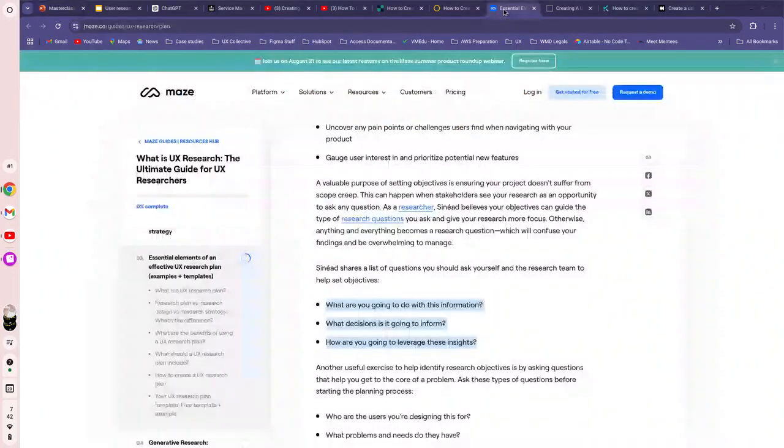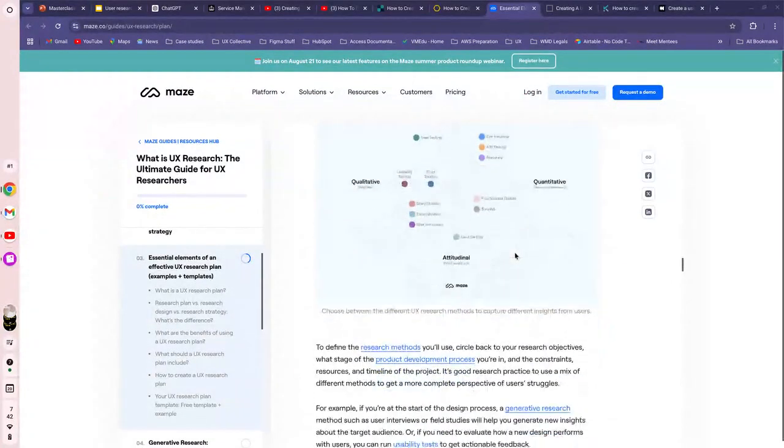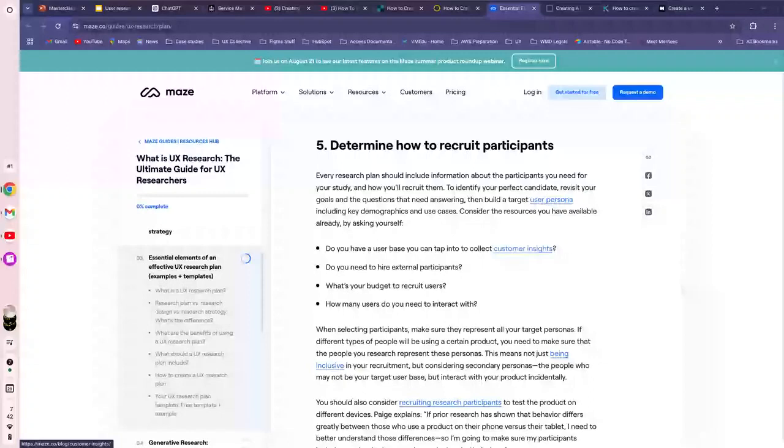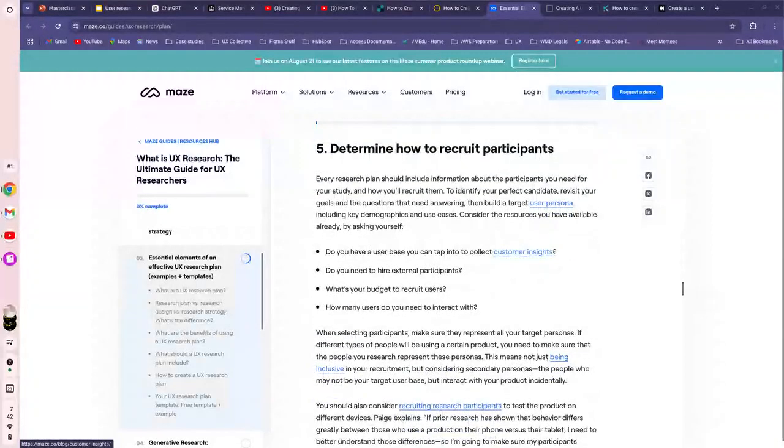The other thing I want to quickly talk about is, when you're talking about research methods, there are two things you have to consider. We have to consider the objectives of the research, which we talked about earlier.